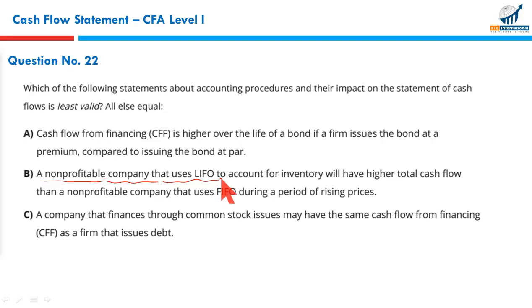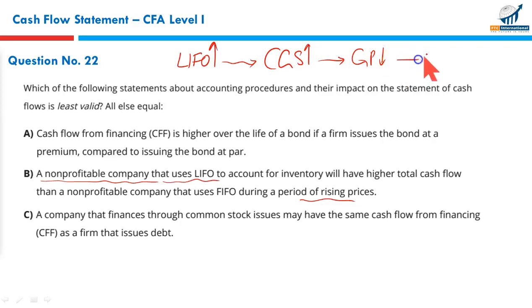In fact, the statement is wrong, because if a company adopts LIFO and the prices are rising, you will charge your expensive costs, which are rising prices, to the CGS. Resultantly, your gross profit will fall and your net profit will fall and you pay less tax.